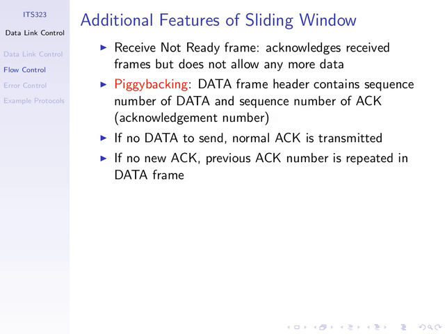Piggybacking combines these together into one packet, one message. In this example, we send one data frame to B, B sends an ACK frame back, and then B sends a data frame. But that can be a waste. Piggybacking allows us to combine these into one, where, we'll draw it here, transmit the data frame.